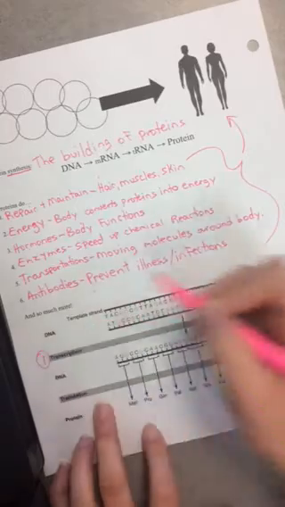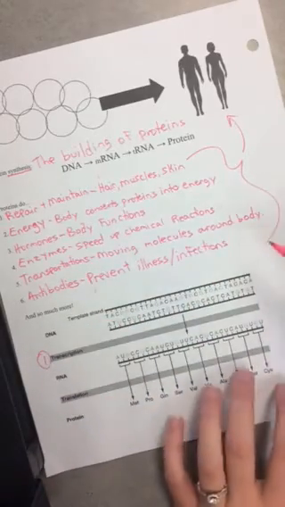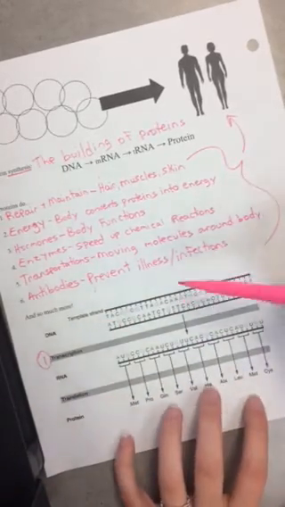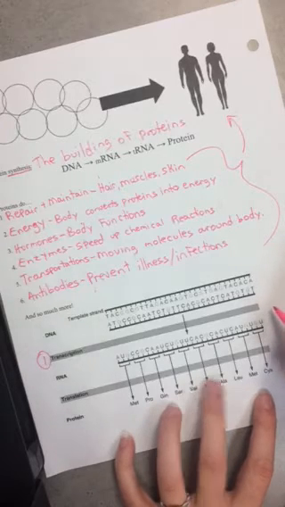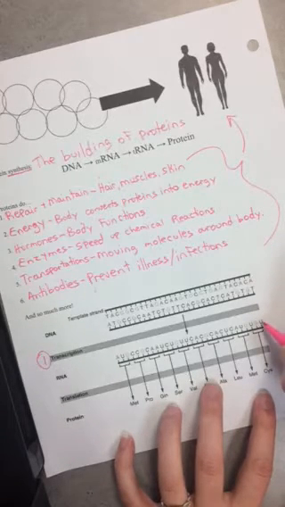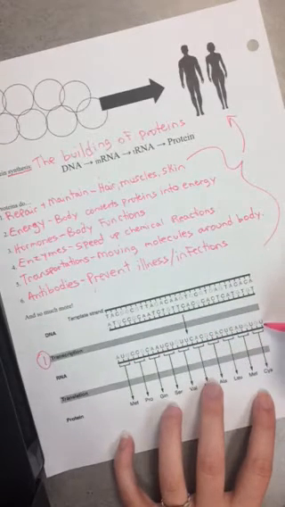The first stage is transcription. You're going to transcribe your DNA strand into an RNA strand, which is just a single strand. Keep in mind that there are no T's, no thymine, in this RNA strand.